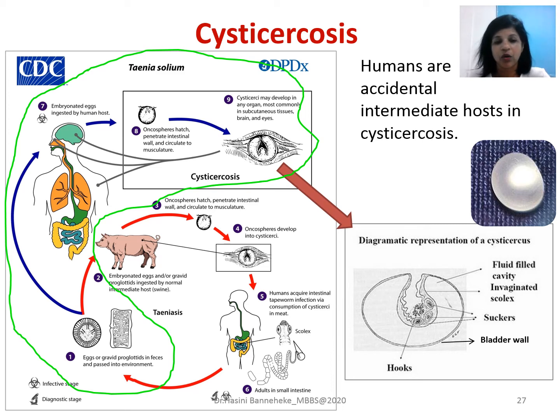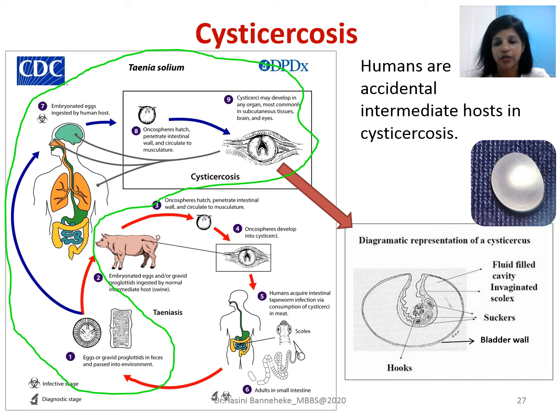If we somehow ingest these eggs via contaminated food or water, or unwashed salads and so forth, or via touching hands, or via flies, through some mode, then the eggs will get into our intestine, hatch and release the oncosphere, which will penetrate the intestinal wall and get into the circulation.